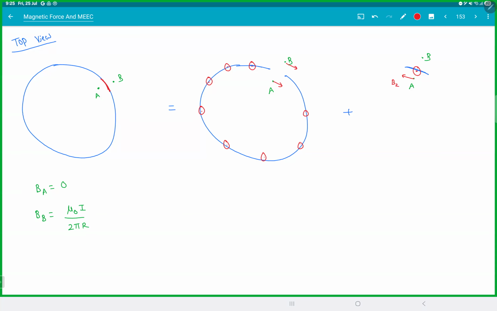I should take it in the reverse direction. So let's say this is giving B1, B2. A and B are very close to each other. A and B are just inside and just outside. So technically there's no distance between them.